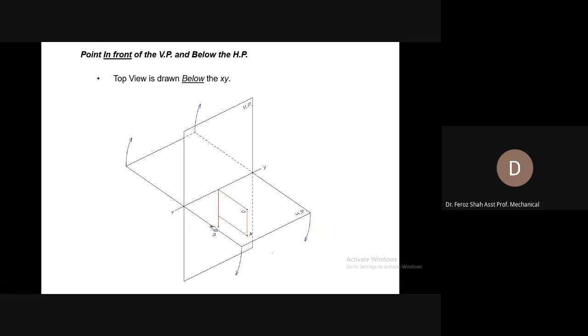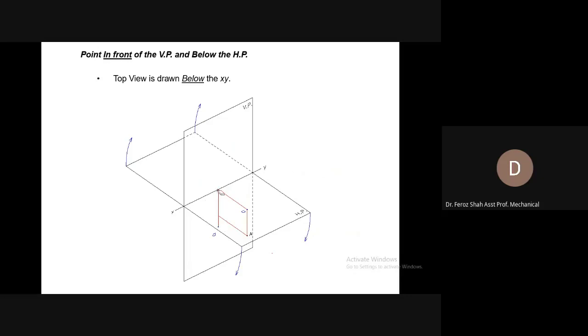Now, when you rotate the horizontal plane, the similar distance, this one, will be rotated. For example, if the point is 10 millimeters in front of the vertical plane, its top view will also be formed 10 millimeters in front of the vertical plane, and when you rotate it, the same distance will be shifted.